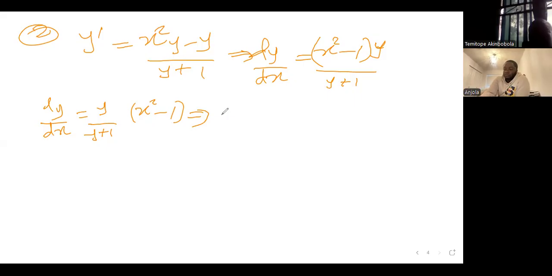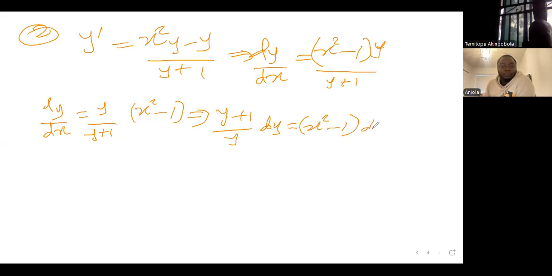So this y over y plus 1 will go to the other side to become y plus 1 over y dy equals ds will go and meet s squared minus 1 ds. So you have that.